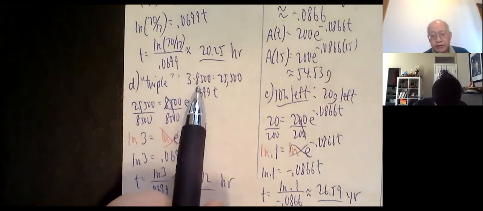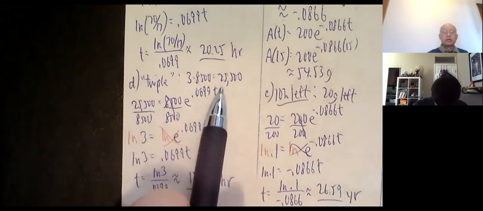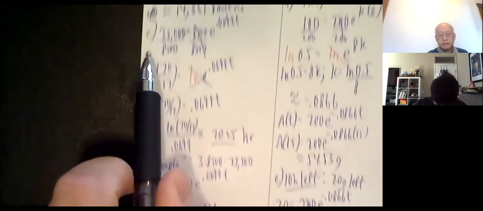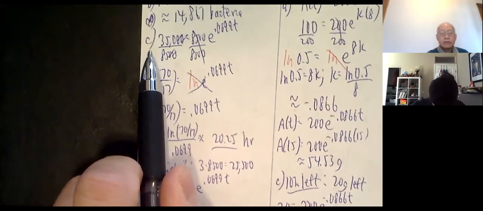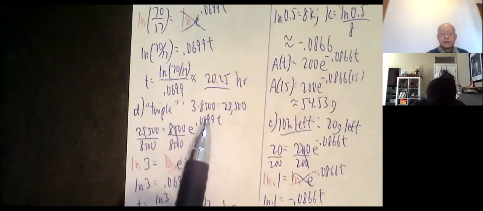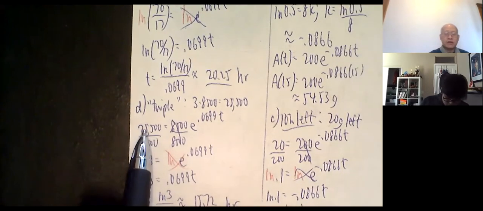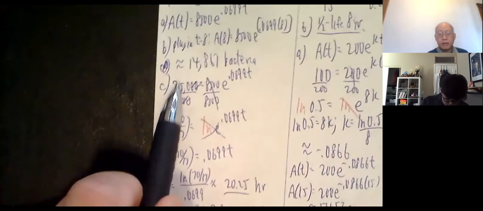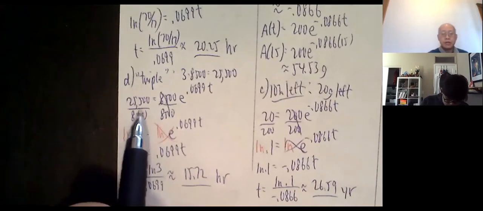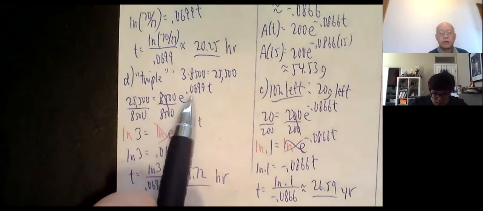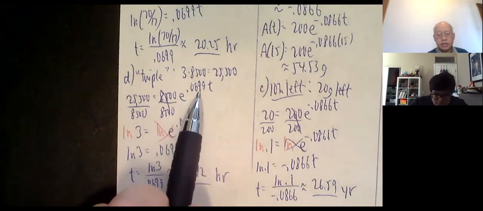I start out with 8,500, so 25,500. So it's really the same question as C with a different number, right? They're telling you 25,500. So 25,500 goes here instead of the previous problem where it was 35,000. So 25,500 equals 8,500 e to the 0.0699t. Solve for t.